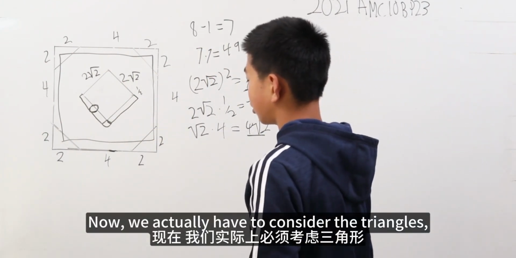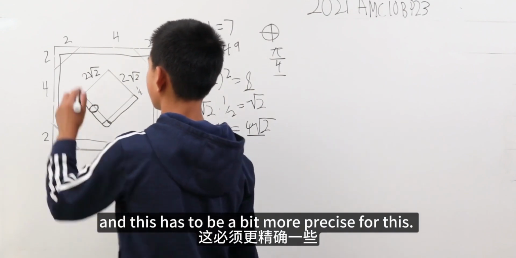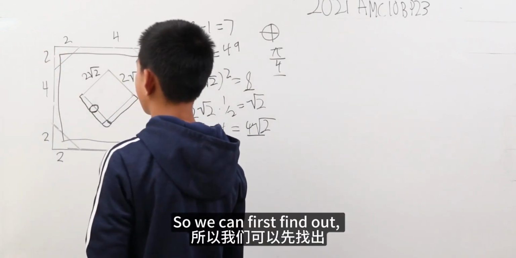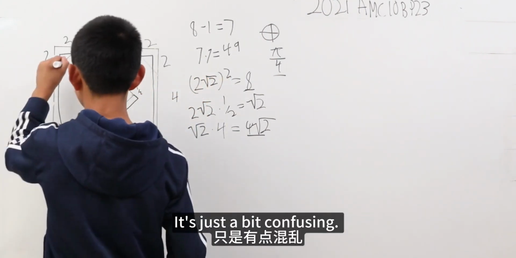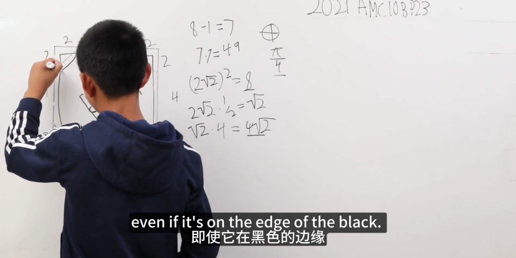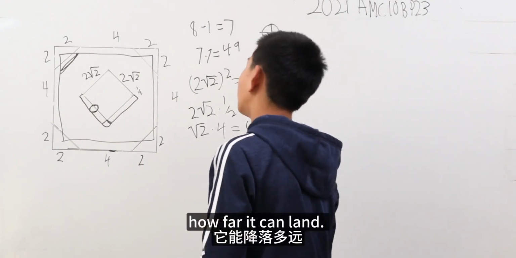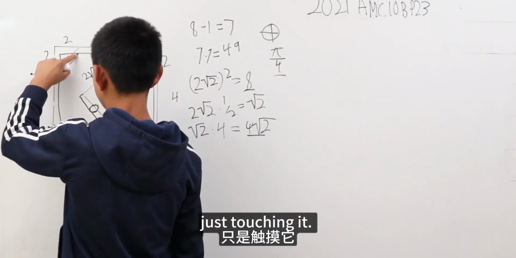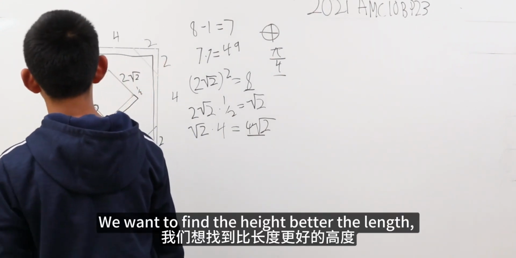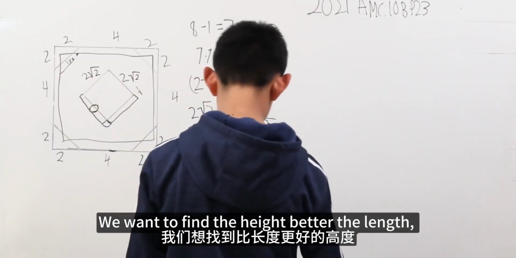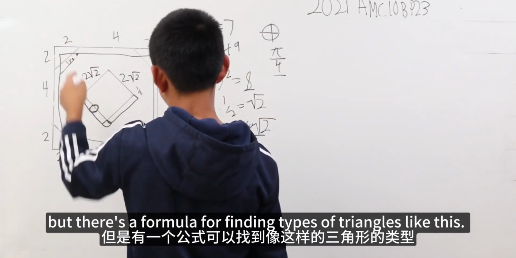Now we actually have to consider the triangles, and this has to be a bit more precise. It's a bit confusing. It can still land here, even if it's on the edge of the black. This bordered region is how far it can land. It can also land here, just touching it. And we know that this distance is 1/2. So we want to find the height. There's a formula for finding types of triangles like this.